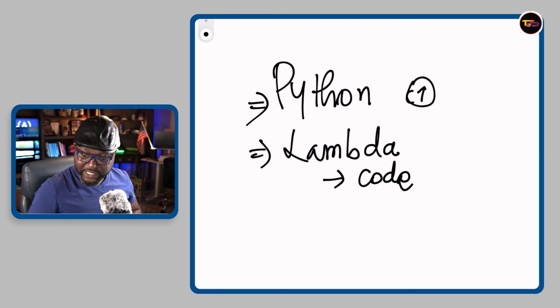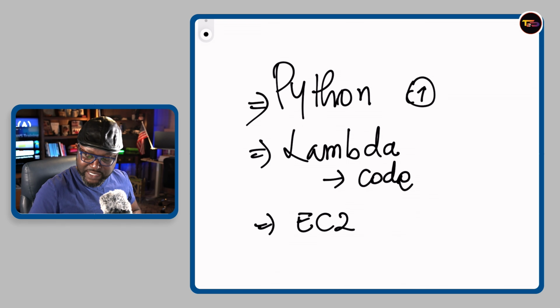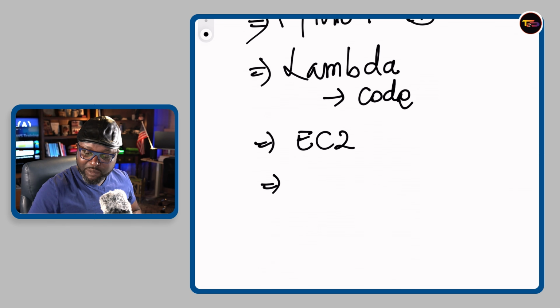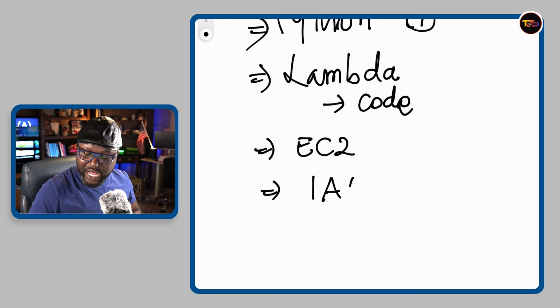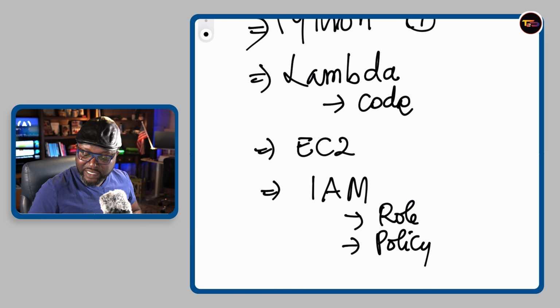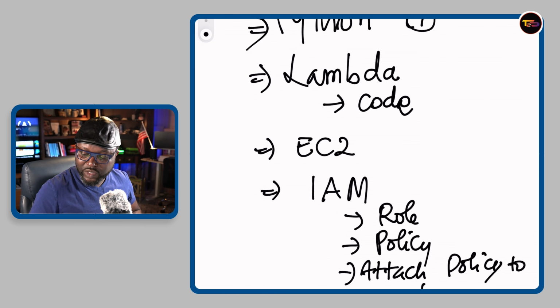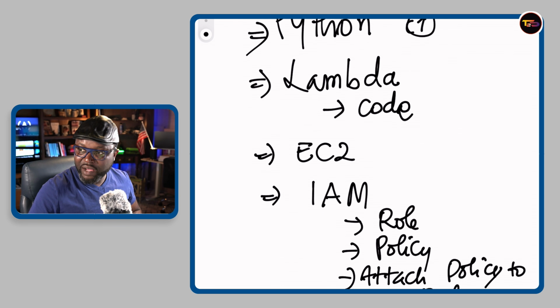So it's a serverless resource that we're gonna use. And then, of course, we have our EC2 instances. And the other thing that we're gonna need is IAM. So we're gonna create a role and define a policy, and then attach the policy to the role. So that's kind of like our plan here.